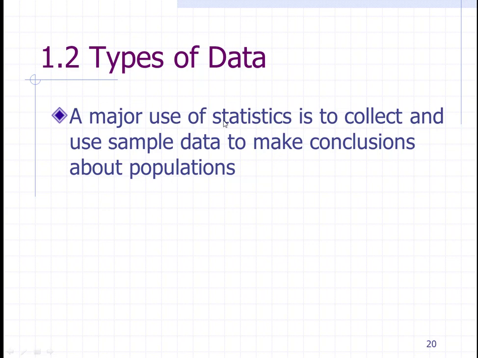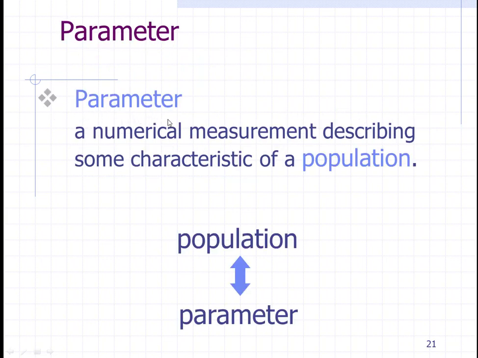First of all, as we talked about in the previous section, statistics is a science where we use data to make decisions. That is the subject name. But first of all we have a parameter, and a parameter is a measurement of some characteristic of the population.